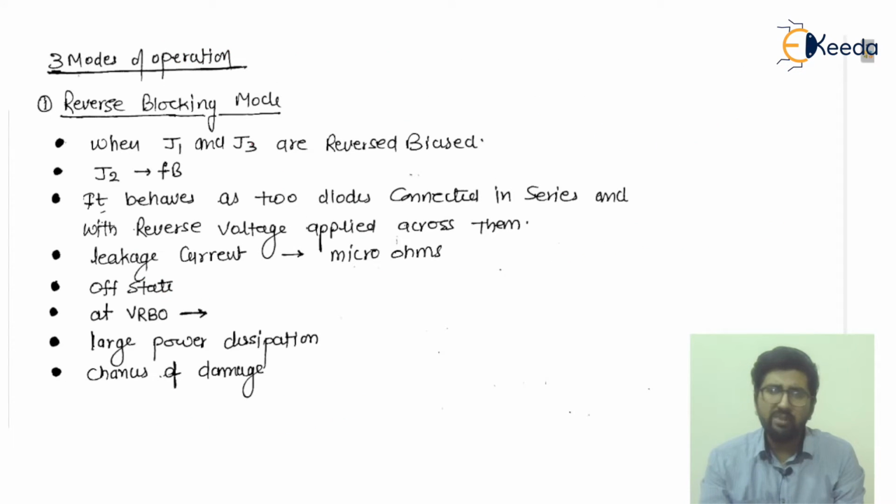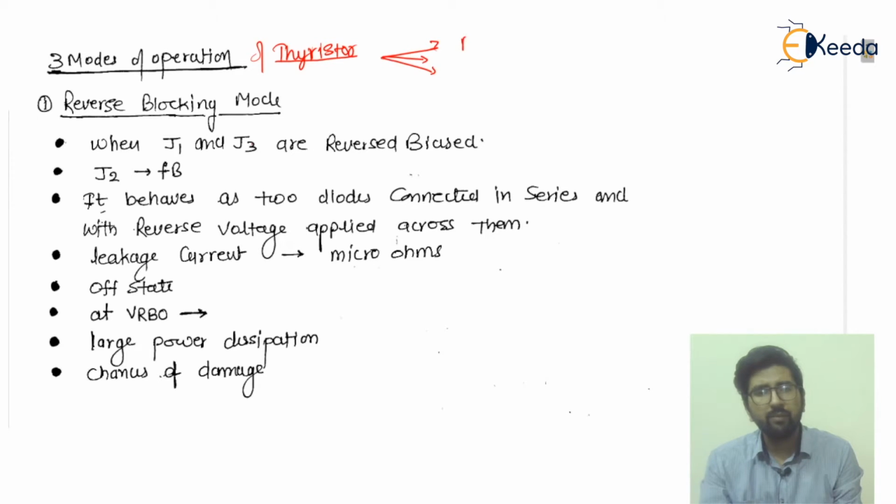If I talk about the three modes of operation of the thyristor, that is SCR, then these are as follows. It operates in three modes as named. Mode number one is the reverse blocking mode, which is discussed here in this slide.